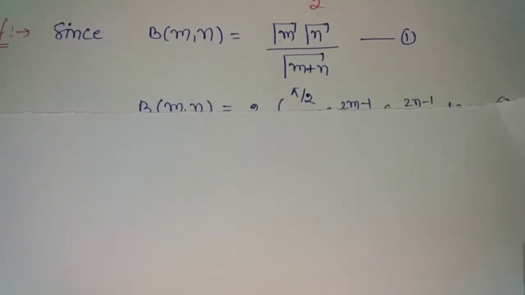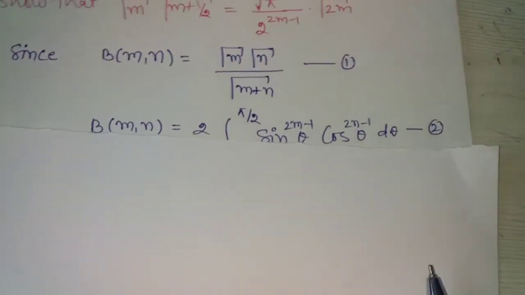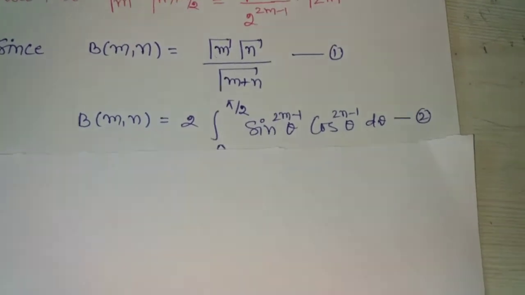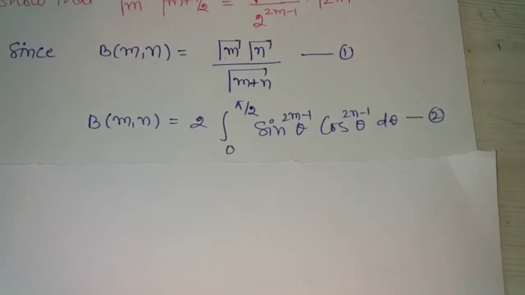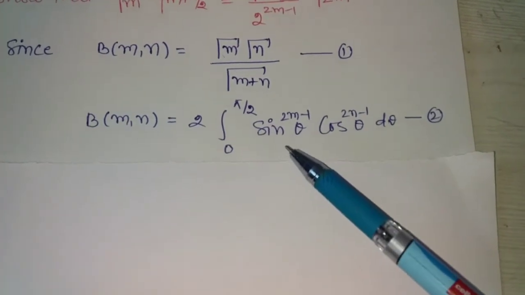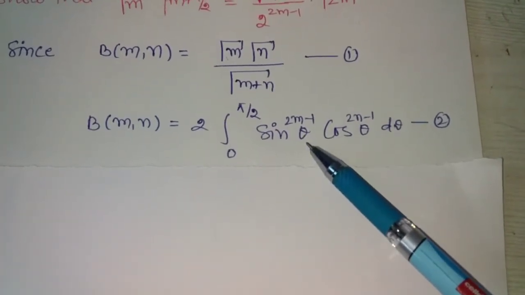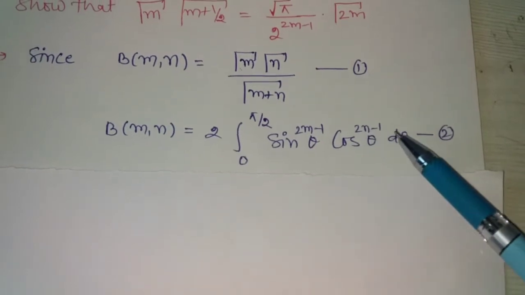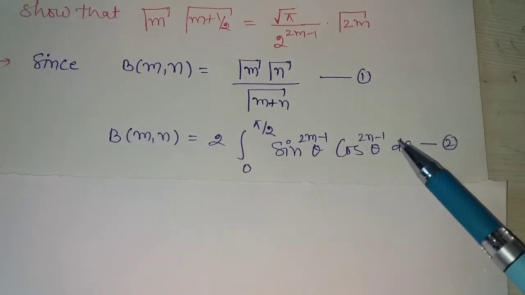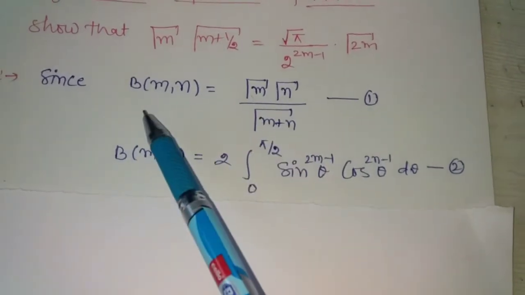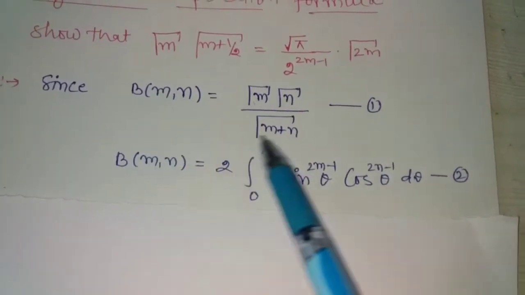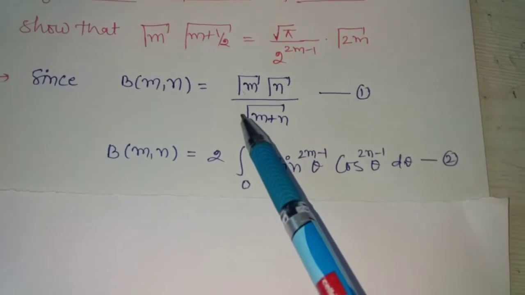And second, we use the trigonometric form of the beta function, that is beta(m,n) equals 2 times the integral from 0 to pi by 2 of sine raised to 2m minus 1 theta into cos raised to 2n minus 1 theta d theta. This is the trigonometric form of the beta function, and the first is the relation between beta and gamma functions.